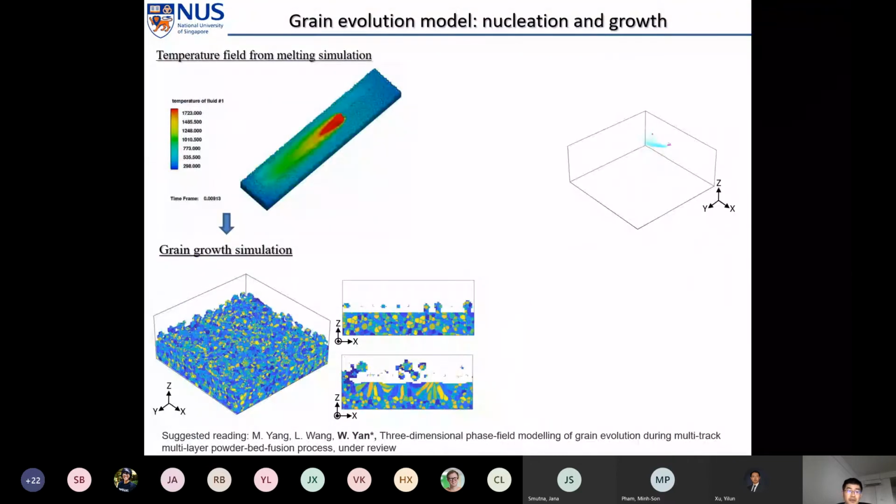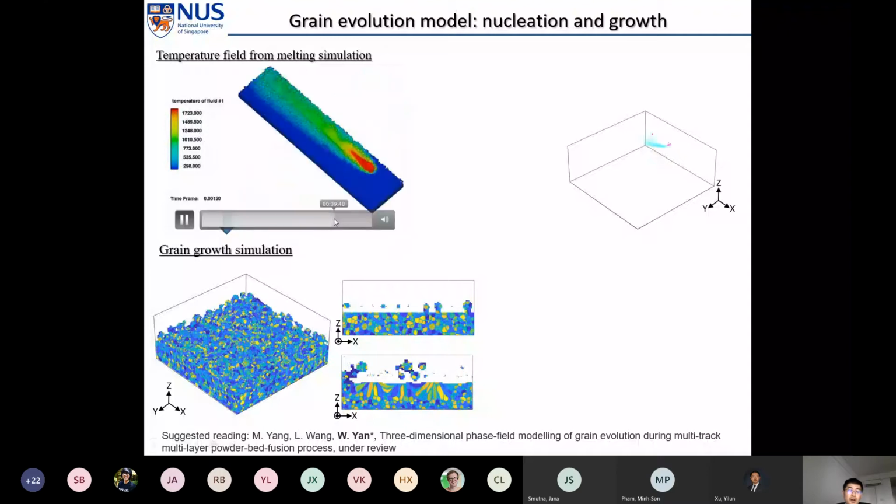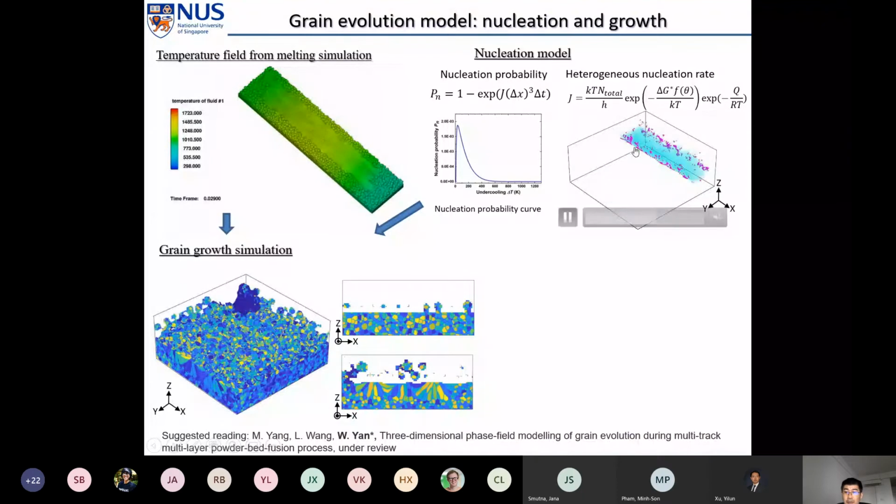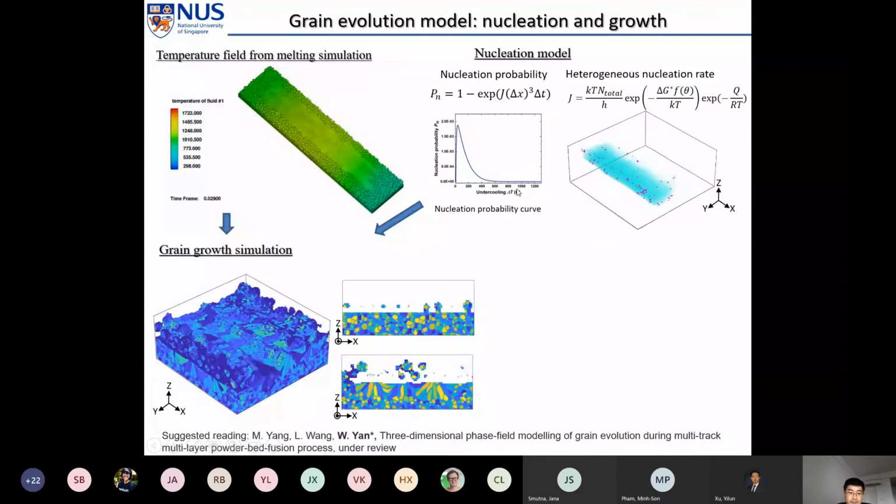With the melting simulation, we want to further investigate how the grain will evolve. So we impose the temperature field from the melting simulation, and we also implement a new collision model into the grain growth simulation. We can see this is the grain growth in the 3D view, and the pink spots are the nucleation sites, which are determined by the undercooling.